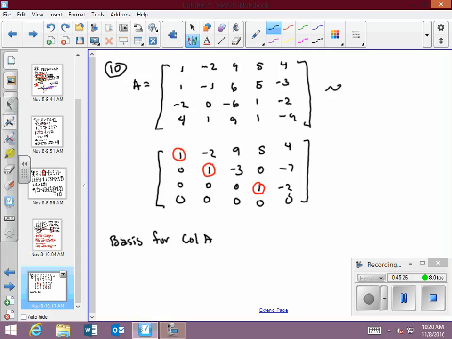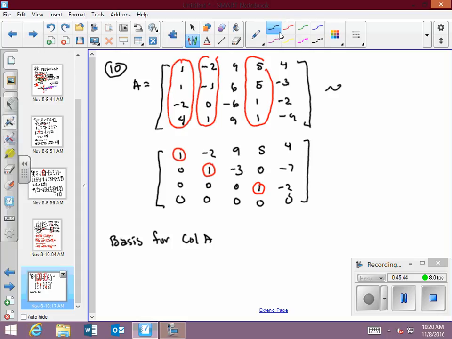And what that is, you go right back up here, and that pivot column is from this vector, and that next pivot column is from this vector, and the third pivot column is from that vector.